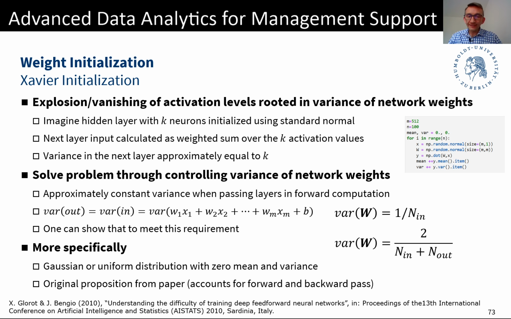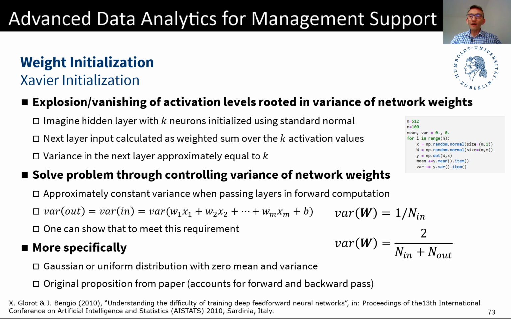One way to avoid this is to initialize the weights not randomly, or not by just drawing them from a standard normal, but to use an approach called Xavier initialization. And the merit of that is explained in detail in this paper by Glorot and Bengio.